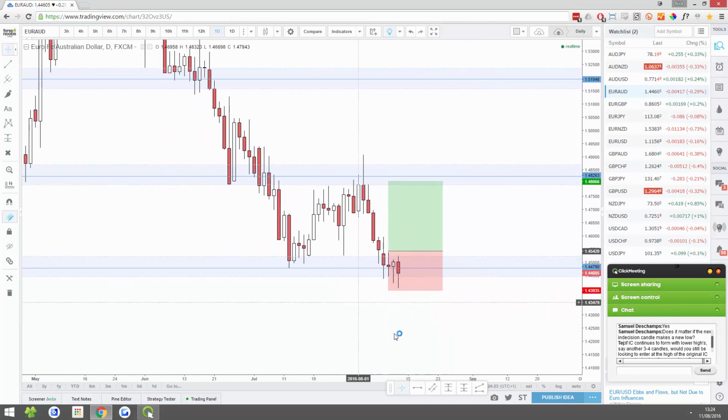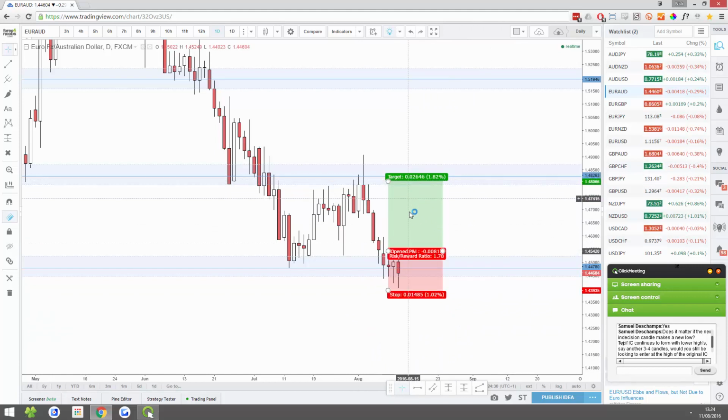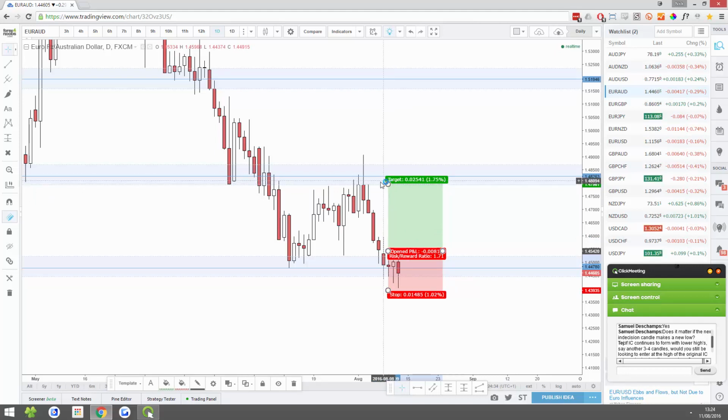What I was going to say about this potential setup here is that it's not the safest setup. We've got a risk to reward ratio that, while it's acceptable, is all the way to the next resistance area. So it's all the way up here, and price might struggle to reach that area.